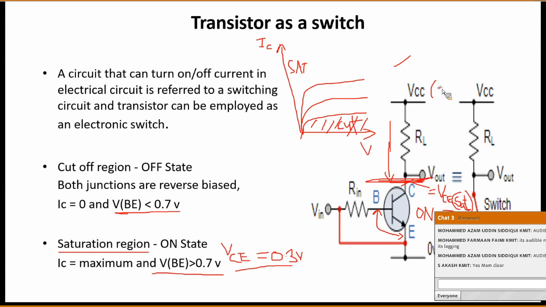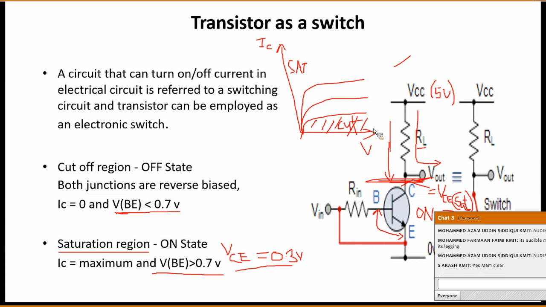Whatever VCC is, generally VCC will be 5 volts; in general we will take it as 5 volts. So the total 5 volts will be available at the output, because there is no proper conducting path, neglecting a small voltage drop near the resistor.